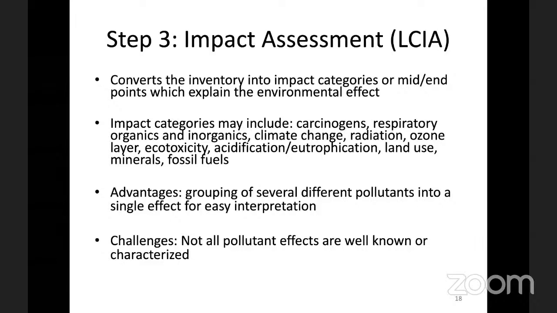Over the past couple of years, the impact of methane has been increased from 25 to 27. So that is an example where the characterization factor for methane has changed from 25 to 27 because scientists came out with this understanding that methane is not only 25, it is probably 27. After lots of experiments and long-term studies, they have come to that conclusion. That is an example where impact characterization is important, and that is how we can get to the right type of answers.